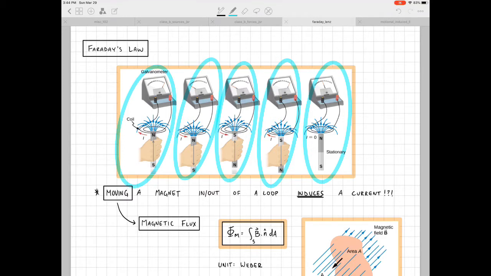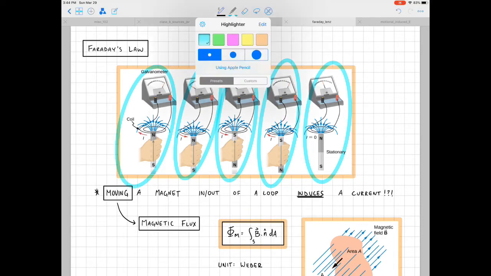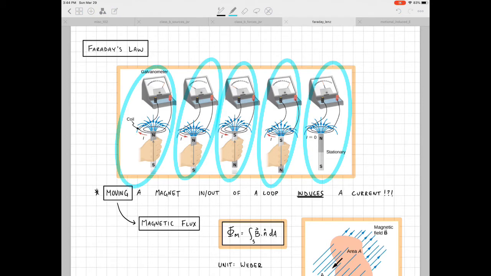It's only when you move the magnet into or out of that loop that the galvanometer deflects. And so there's something fundamental about the motion of the magnet relative to the loop that induces this current. And that's what we want to explore.